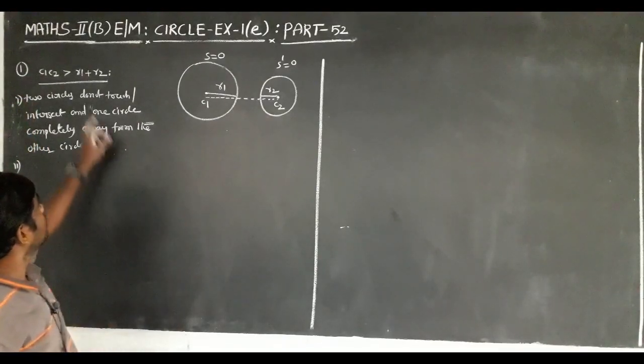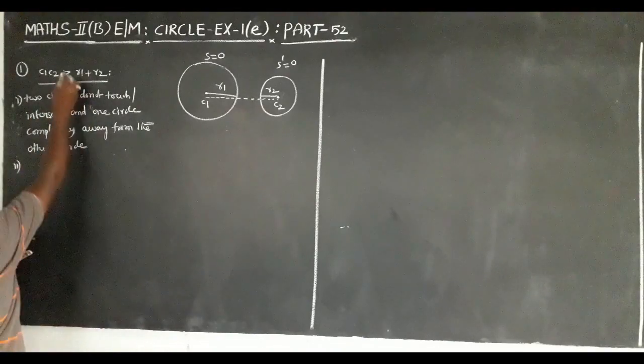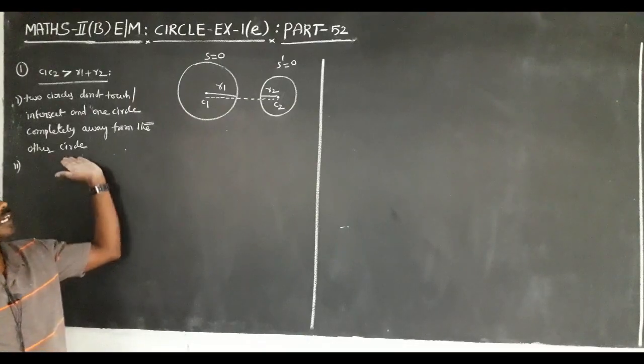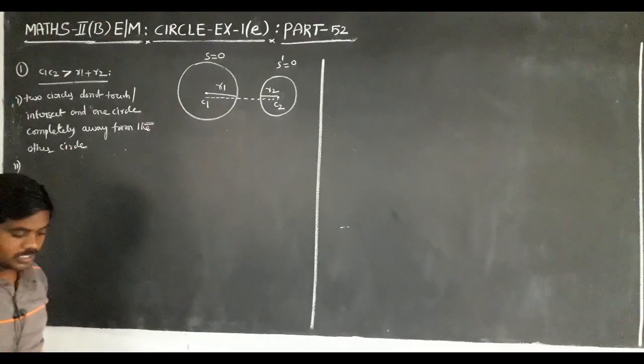If C1C2 is greater than R1 plus R2, two circles do not touch or intersect, and one circle is completely away from the other circle.